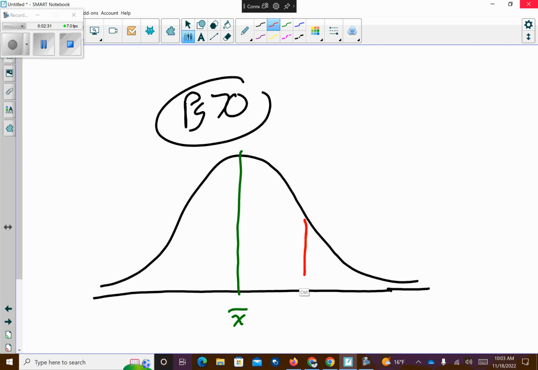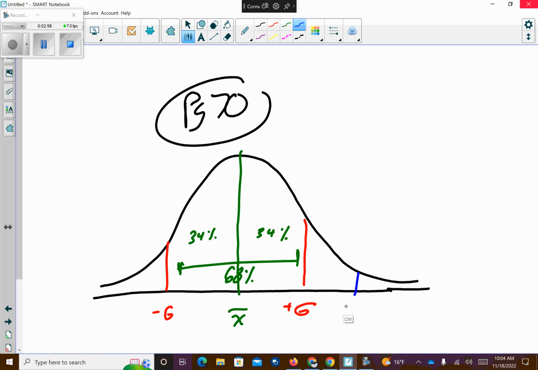If I go out 1 standard deviation, adding to or subtracting from the mean, we have 34% of the area on each side. So within 1 standard deviation is 34 plus 34, which is 68%.